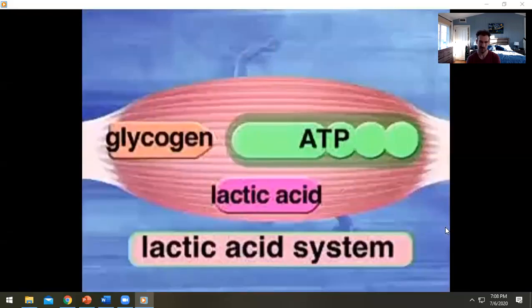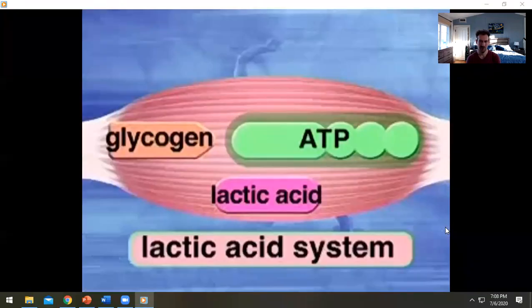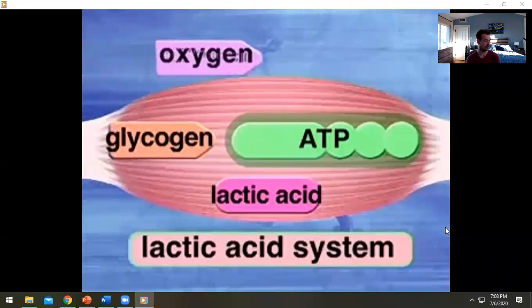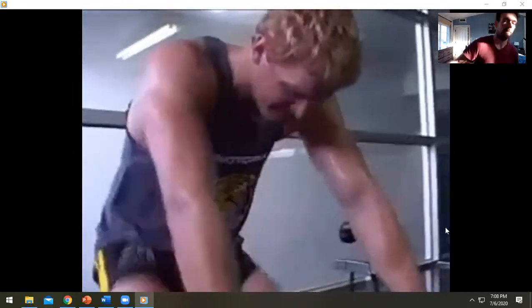Glycolysis. It works by synthesizing new ATP molecules from glycogen, which is the stored form of sugar in our bodies. The reaction is known as glycolysis, and because it doesn't involve oxygen, it's called anaerobic glycolysis. Through a complex series of reactions, glycogen breaks down into ATP and lactic acid.